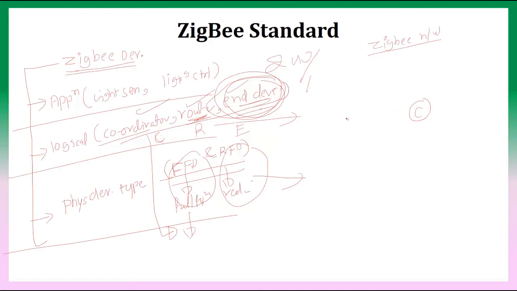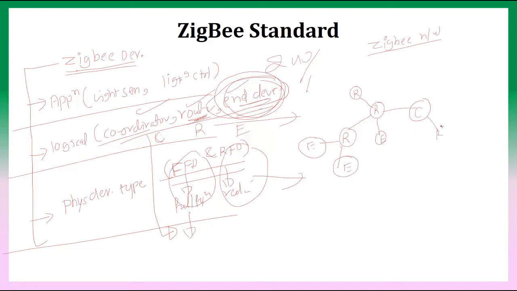So I'll just draw a rough diagram. This is connected to this, which is connected to this. This is an R, this is R, this is R. Here there could be an E, here again an E, and one more E could be there.